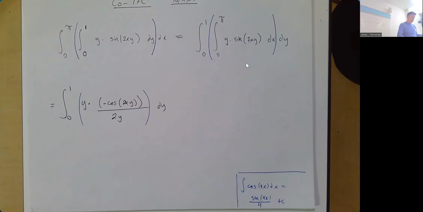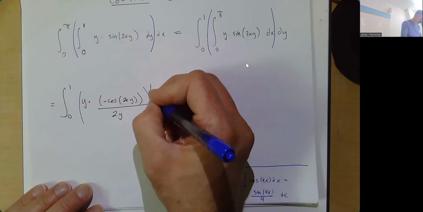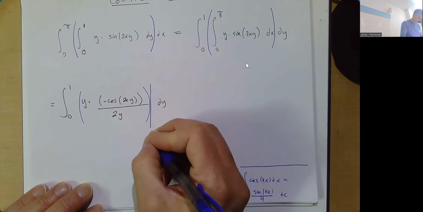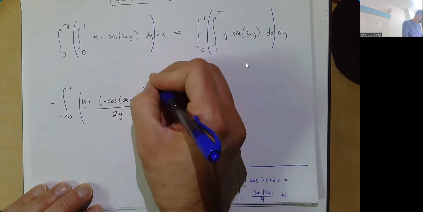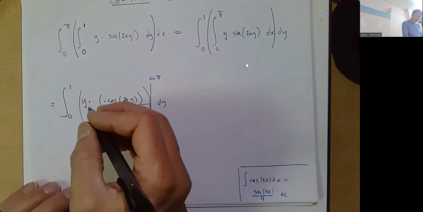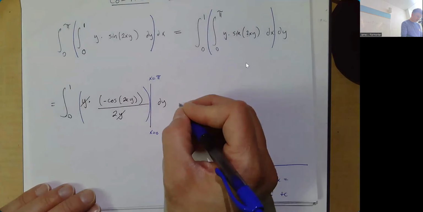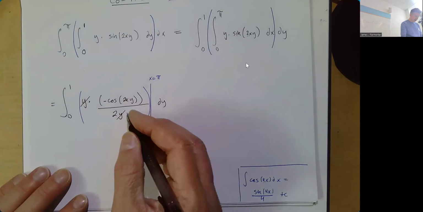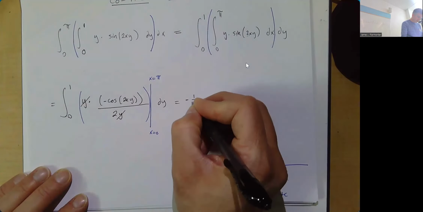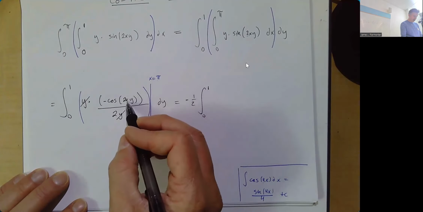Oh, and of course, I should write my limits of integration. So we have from x equals 0 to x equals pi. And we can cancel y here and here. Let's bring out the negative 1/2. We get negative 1/2, the integral from 0 to 1. I'm going to plug in pi for x.